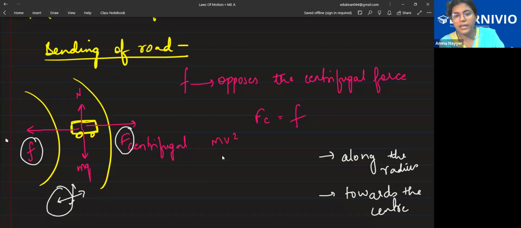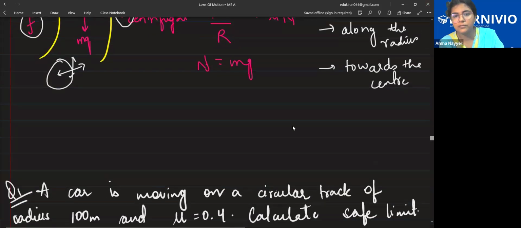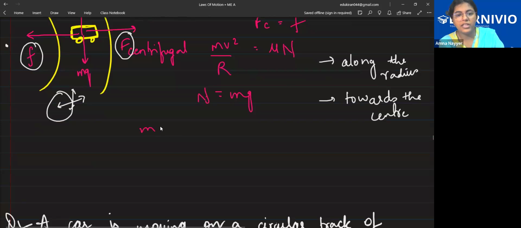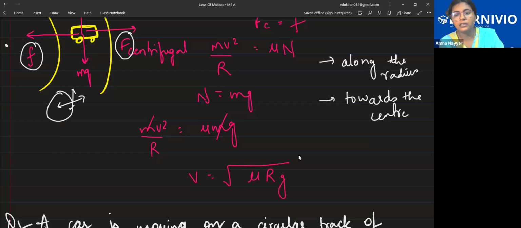Now, what have we studied? mv square by r is the formula for centripetal force. Frictional force is mu N. Normal reaction is mg. So mv square by r is equal to mu mg. Velocity is equal to under root mu r g.